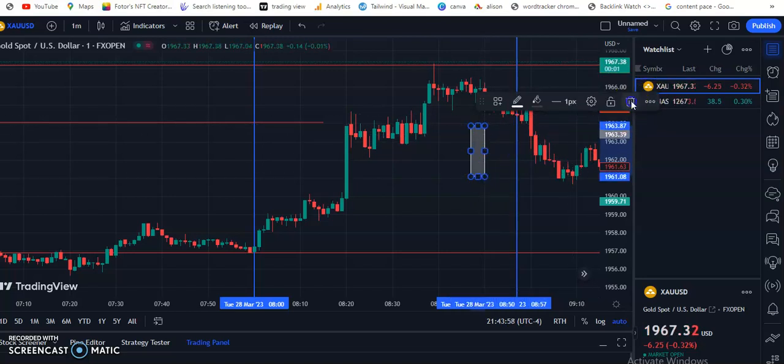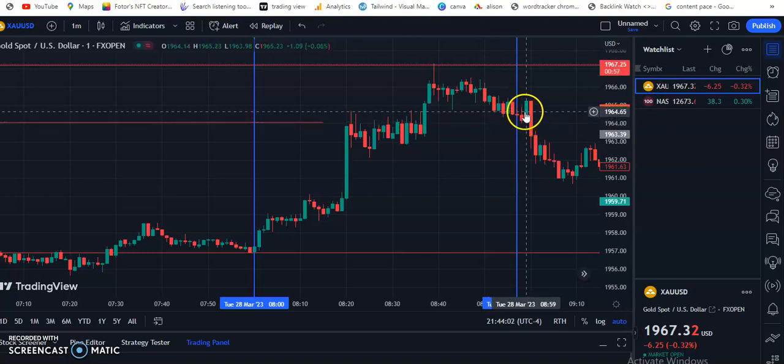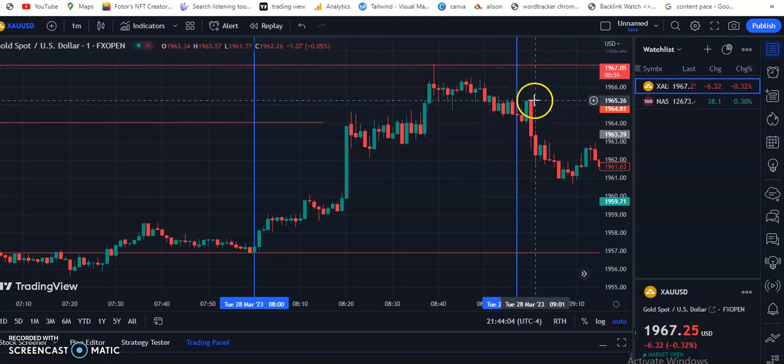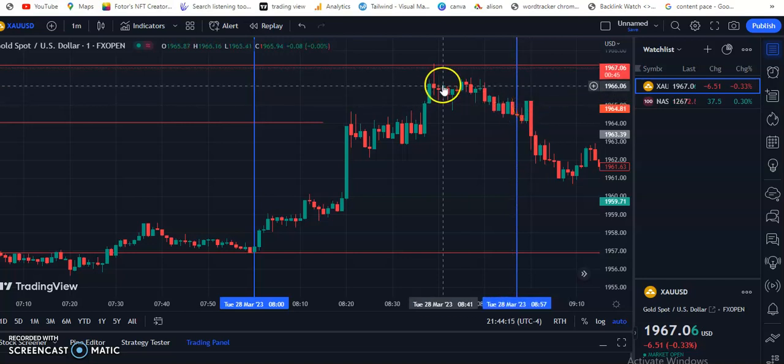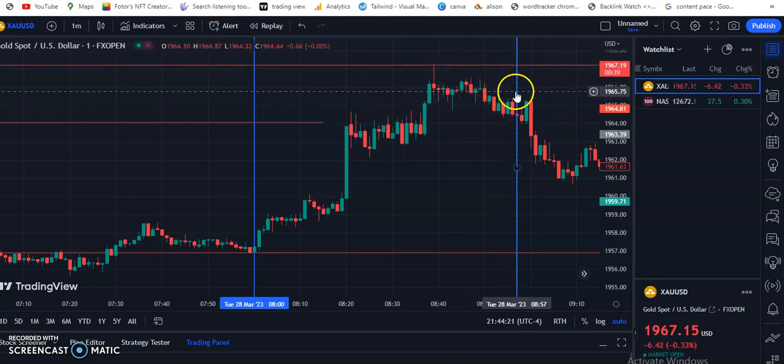It's the buying or selling pressure. So when the market tried to push higher, there was so much resistance that it did not test this area. And when you look at all the previous candles, they have all been tested.